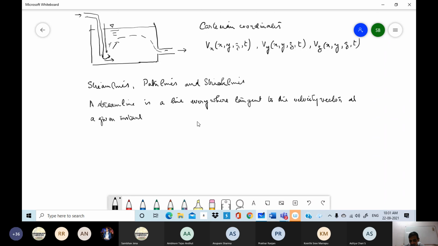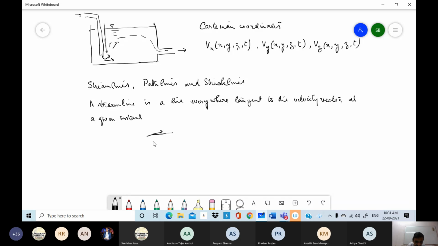So there is no component of velocity perpendicular to the streamline. Therefore, if you have a streamline, there is no flow across it. At any point, if this is the velocity, the streamline passing through that point has its tangent along the velocity.